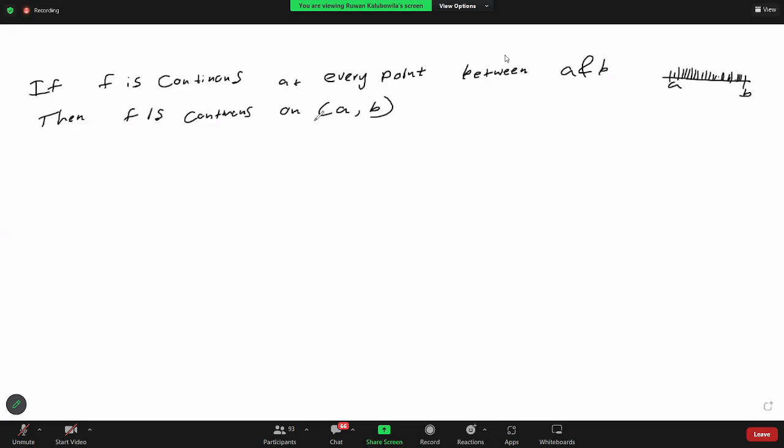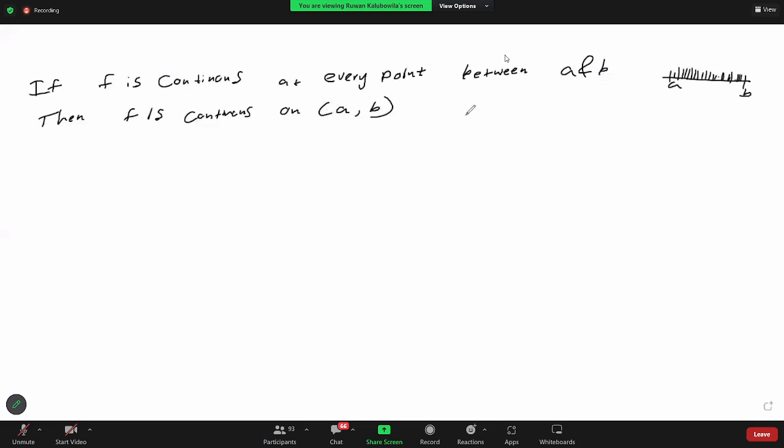Okay, but we consider the bracket. If you see the bracket, this is not a square bracket. That is the idea. That means the endpoints of the interval, a and b, are not included in this range.